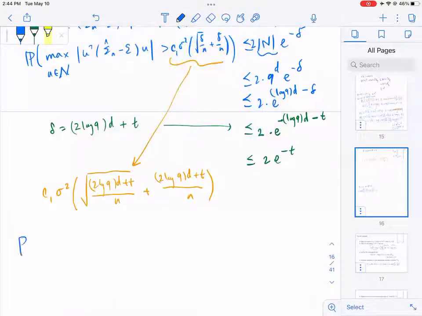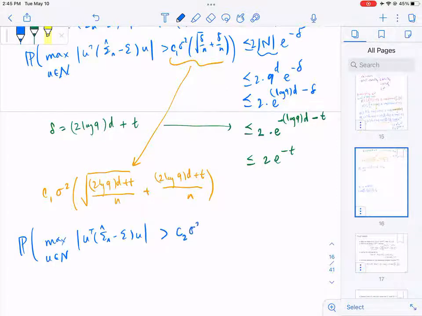We get the probability that the max over u in the net of u transpose sigma hat n minus sigma is bigger than, let's say, C2 sigma squared root of d plus t over n plus d plus t over n is less than e to the negative t.